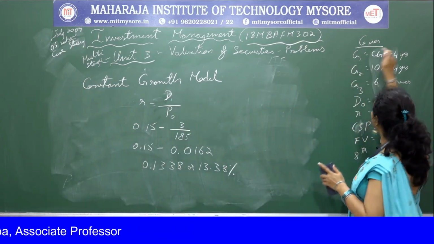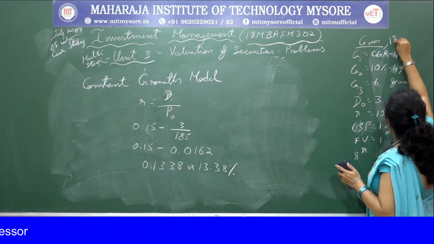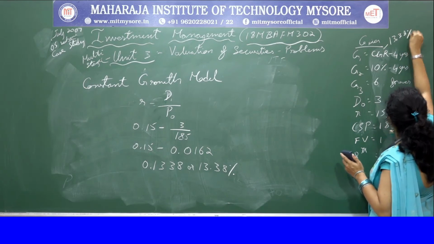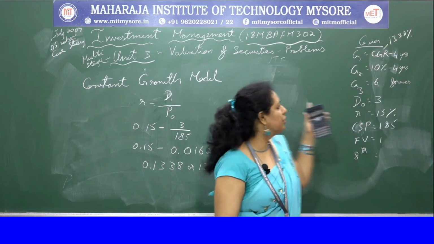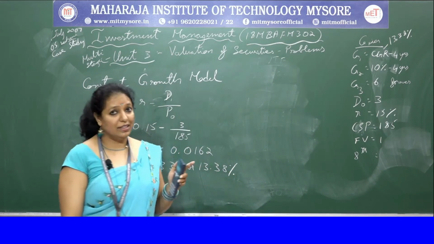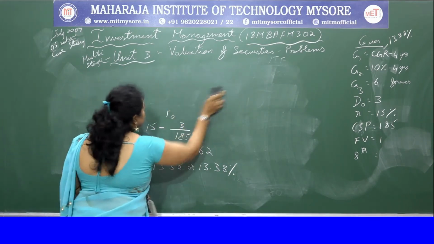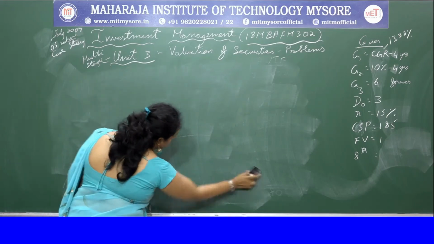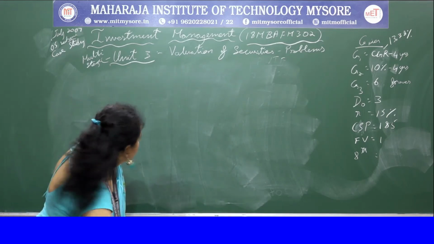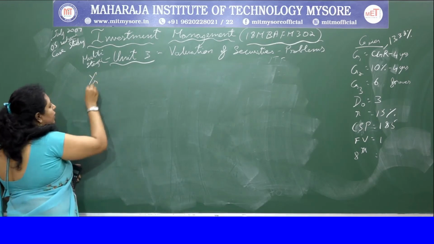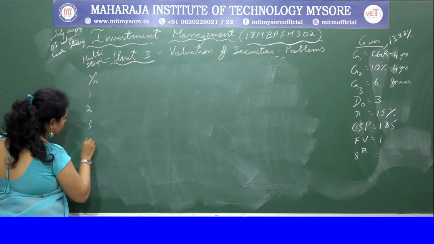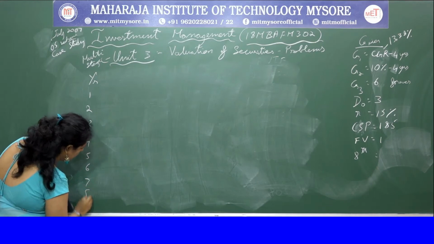So here I need to write 13.38%. With the help of the constant growth model, I have found out that it is 13.38%. Okay, so I write here 1, 2, 3, 4, 5, 6, 7, 8.